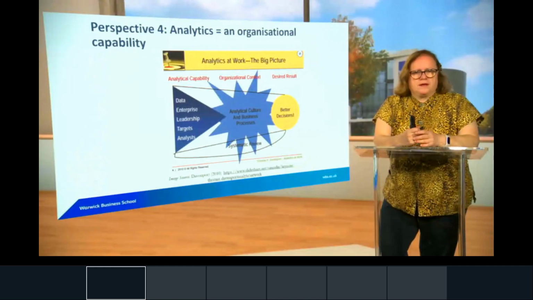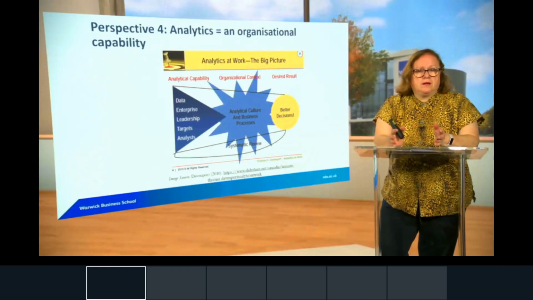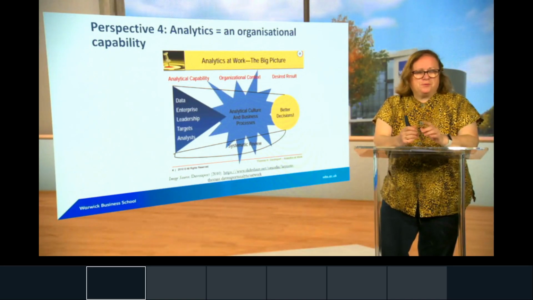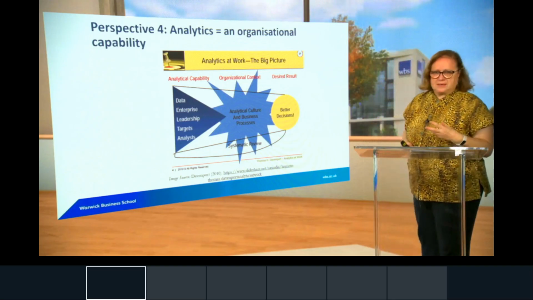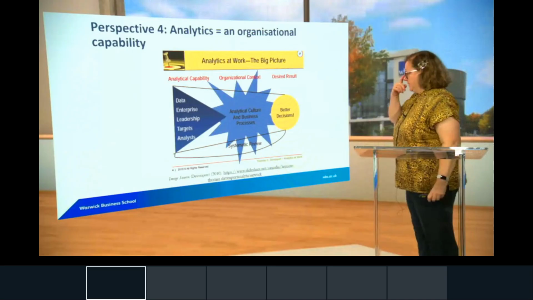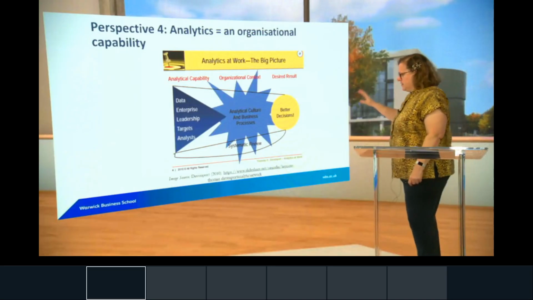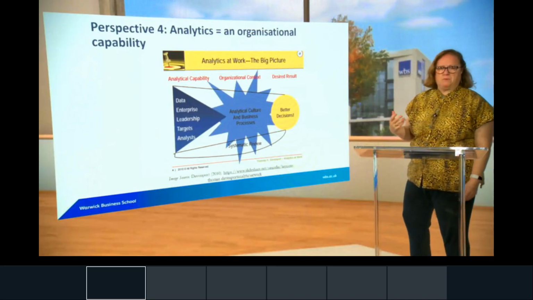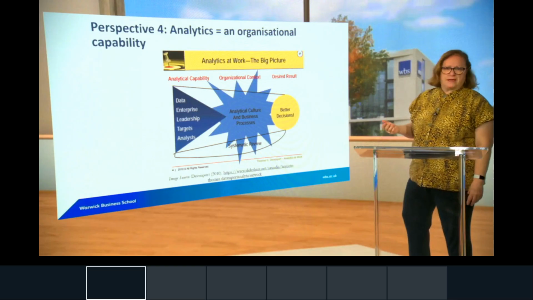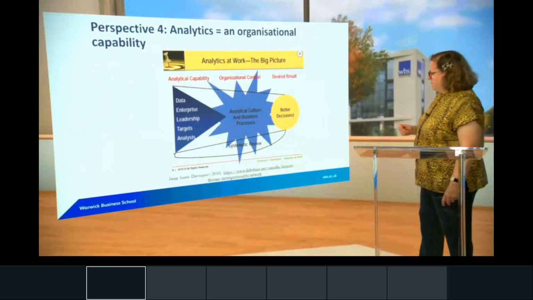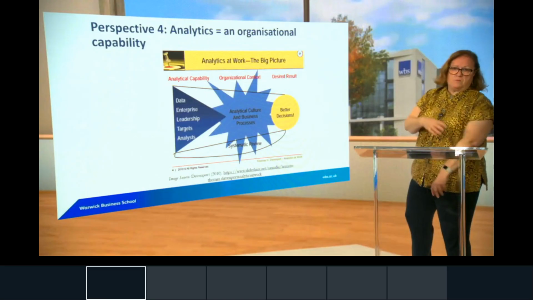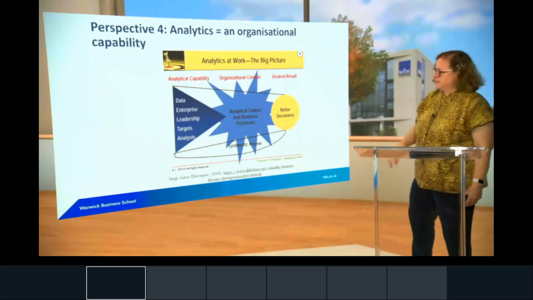Which people in the organization? Are we talking about just the analysts? No, we're not. We're talking about a much broader perspective on an analytics capability. So this slide I've taken from Davenport. Davenport's a big writer in the field of analytics, and he's written a number of books, and we signpost you to some of these books.